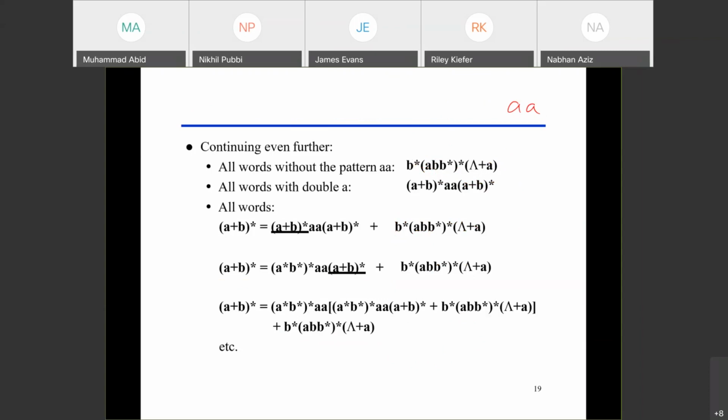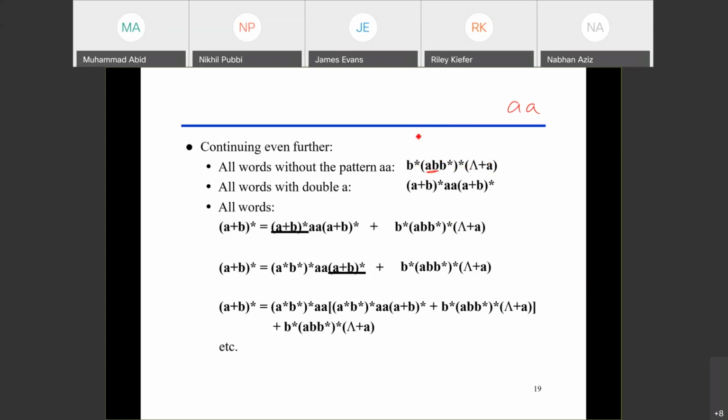If you see this B star A, you will never be able to combine A with another A after that, because after that it is B and this is star. You can have as many B's before and after that, or only A here if you want, but you will never have two A's here. So this is a very perfect regular expression of that.